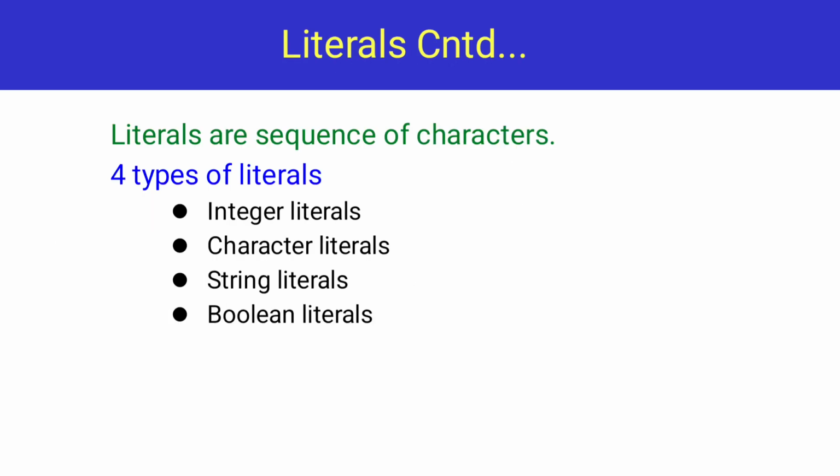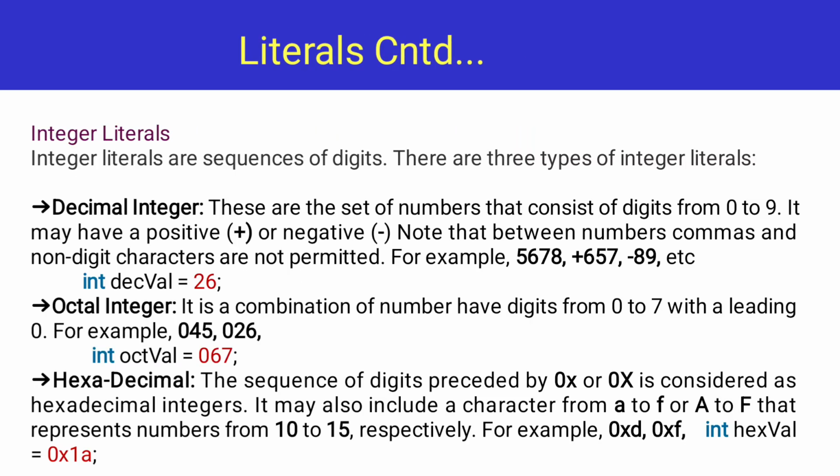Now, literals are sequences of characters. Literals can be divided into many parts, but the main four parts are integer literals, character literals, string literals, and boolean literals. Integer literals can be divided into three parts: decimal literals, octal literals, and hexadecimal literals.